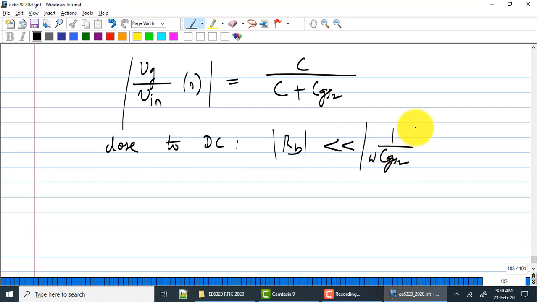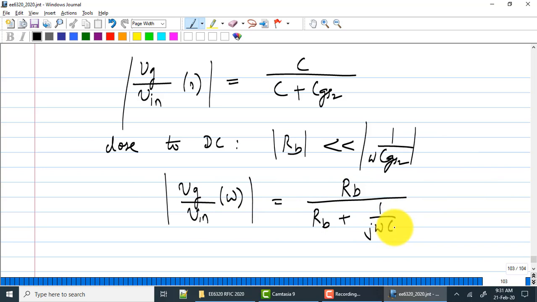What happens to Vg by Vn? It becomes RB by RB plus 1 over j omega C in magnitude.